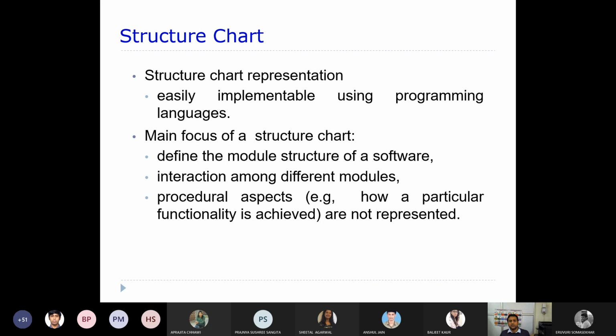Usually what functionalities are achieved may not be represented, because they are part of the modules, but you will see what sort of data is being exchanged between these procedures.